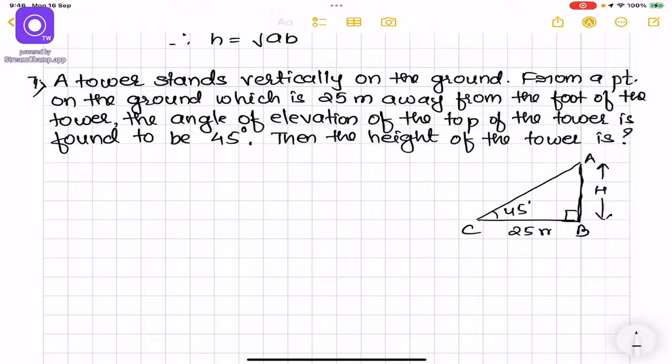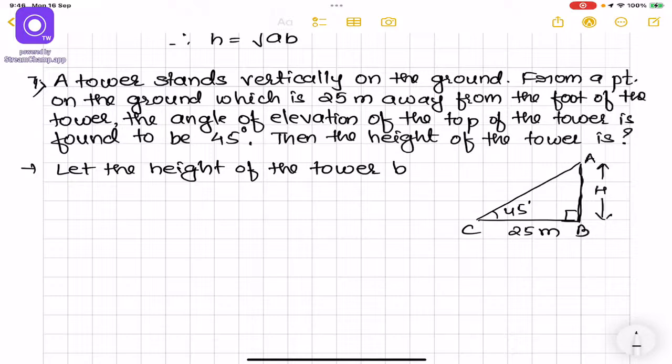So this is 25 meter, BC is 25. So let the height of the tower be h meter.